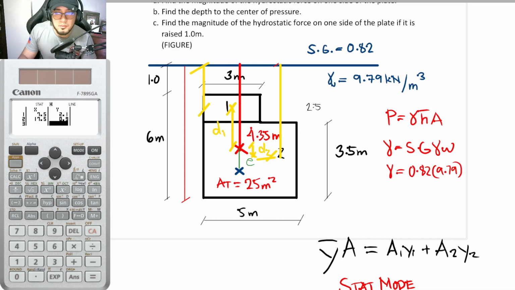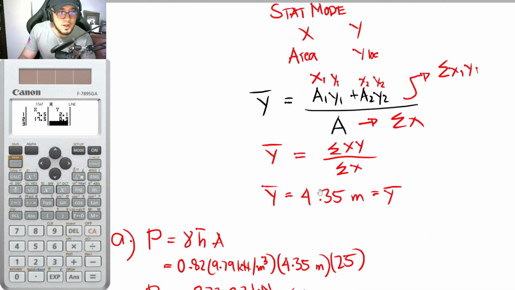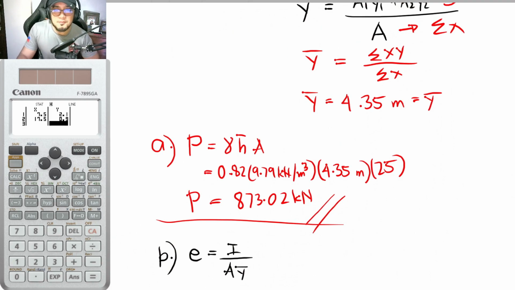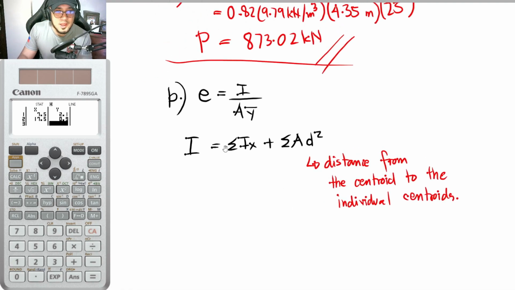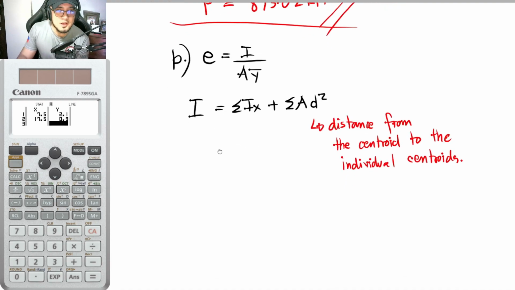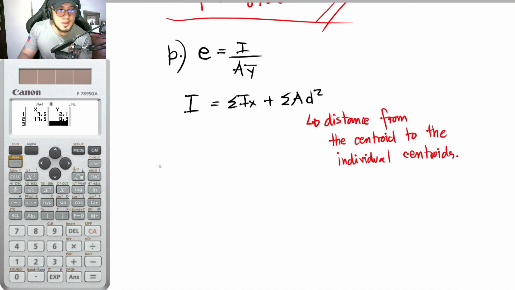So I have modified it in such a way that the values for X in our calculator are the areas, and for Y, those are the values of D. As for the moments of inertia, we will just do those manually. So this is our equation.